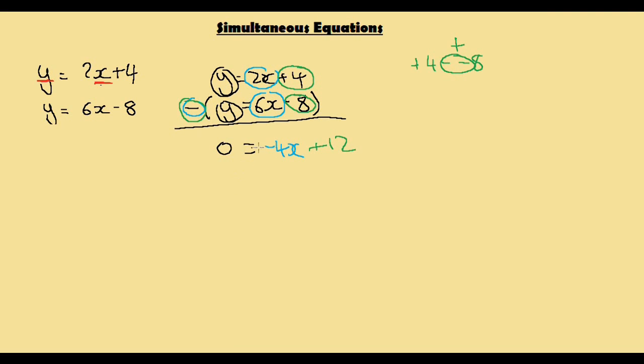So let's just take this equation here as a normal two-step equation. So we have 0 equals minus 4x plus 12, and what we'd like to do is solve this.